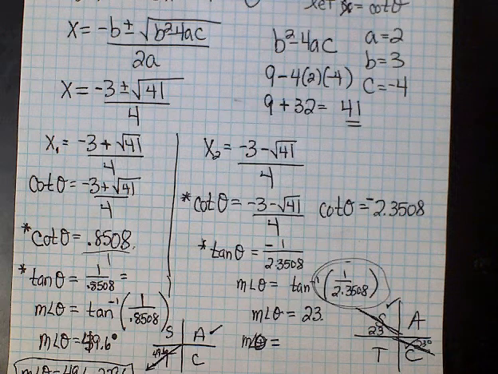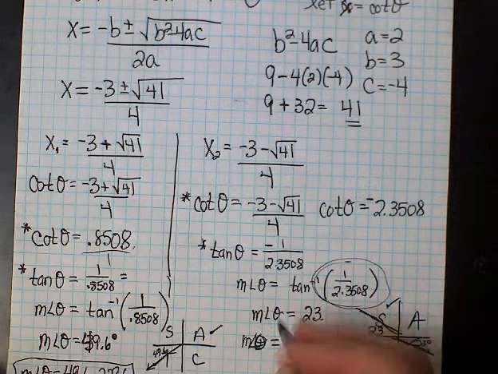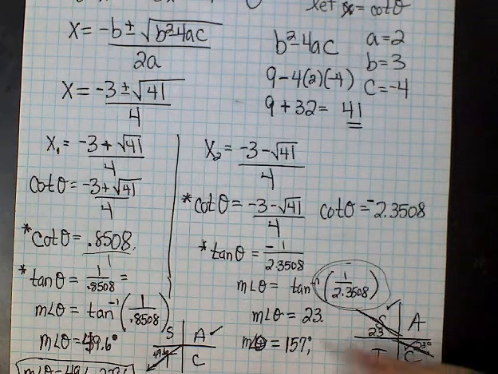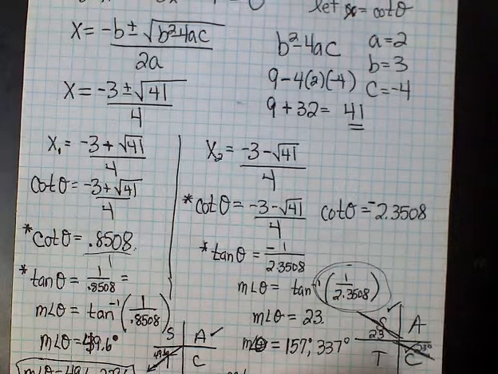So to find the first one, it's going to be 180, and then you subtract 23, and what do we get? We get 157. And the next one would be 360 minus 23, which is 337.